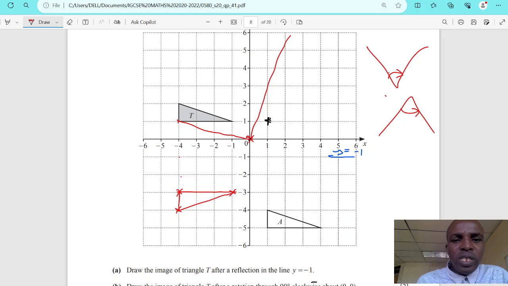Let me check the number of boxes. 1, 2, 3, 4 boxes. So it means it's supposed to be at this point. But this point is in line with this. It's a straight line, right? So it's supposed to be along the same line with this point. So it's approximately there. Yeah. It looks like it's correct.